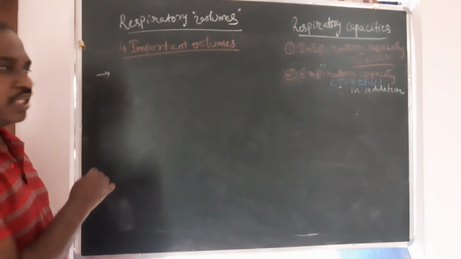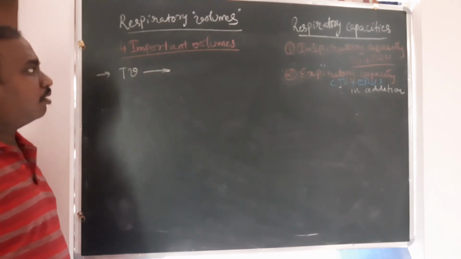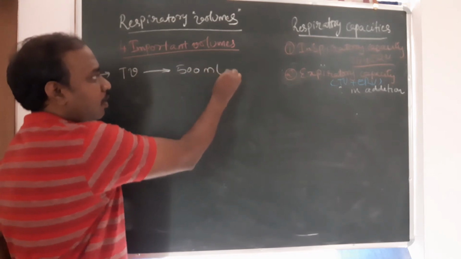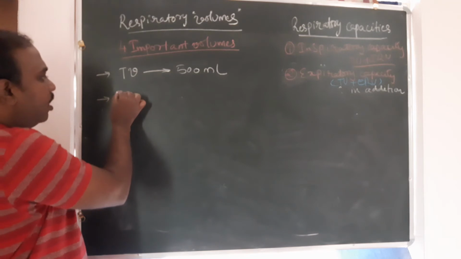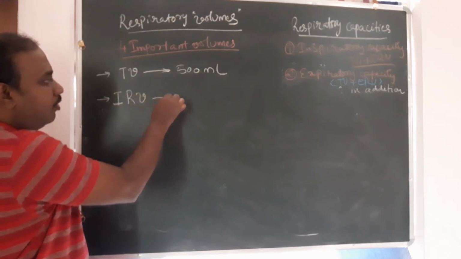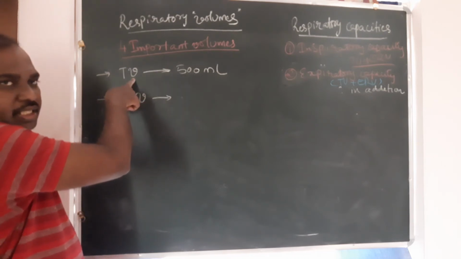I'll write the volumes one more time for your benefit. Right? What is the first value? Tidal value. How much is the tidal value? 500 ml, isn't it? Then we have inspiratory reserve value. What is the inspiratory reserve value? This is over and above the tidal value.